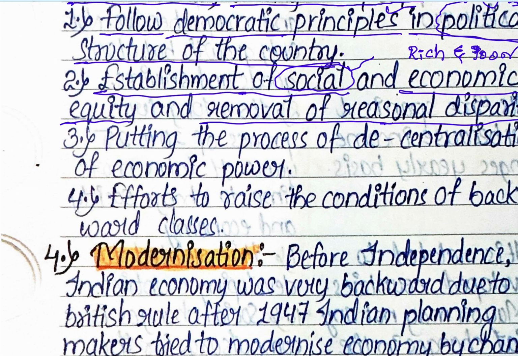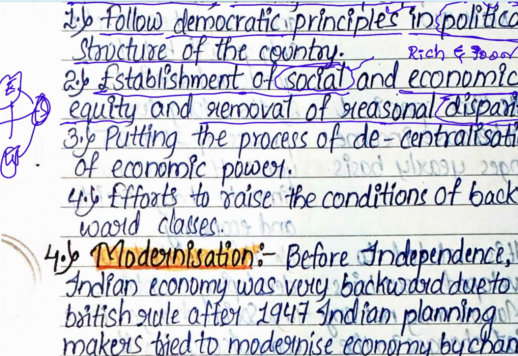regional disparities. Regional disparities means differences between the regions, like the four regions: east region, west region, north region, south region. Here we should not show any difference between the east region, west region, north region and south region.